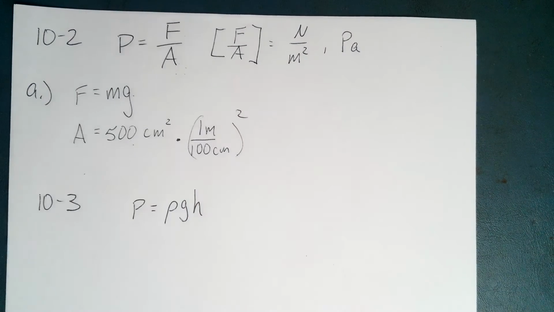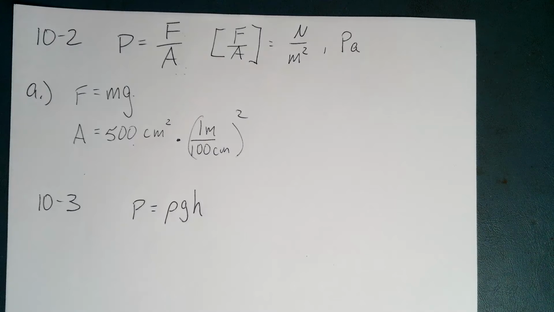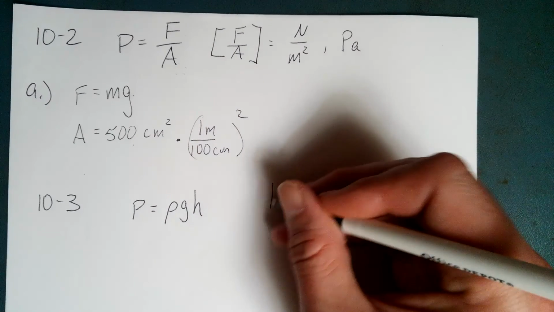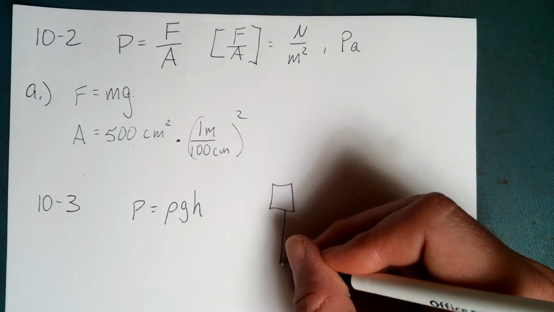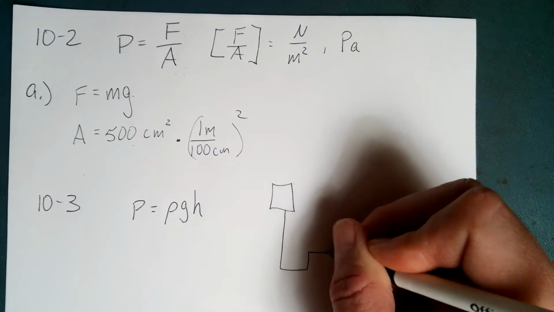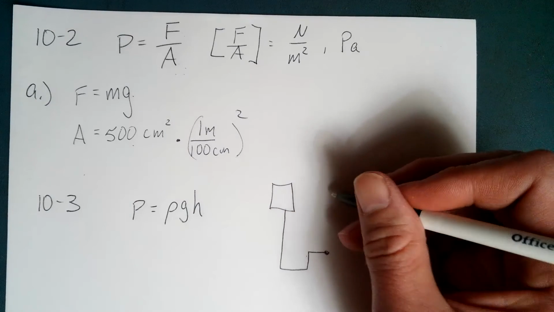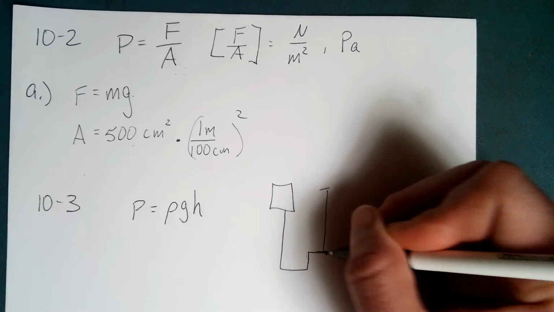So for 10.3 we have pressure at a faucet. We have a water storage tank 30 meters above a kitchen faucet. Okay, so you can see, I'm going to draw it here. Here's the water tank. The pipe goes down like this and then back up, and here's the faucet right there at this height here.